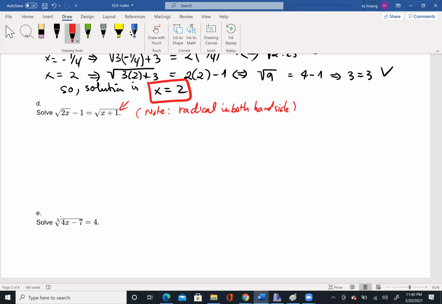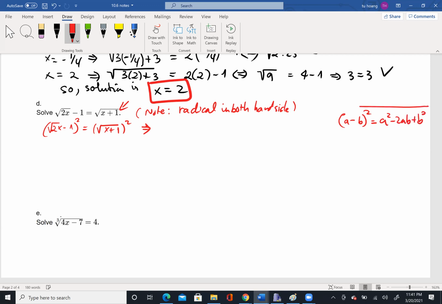Okay, so I'm going to square both hand sides, and I have x plus 1, I square it, and I have the square root of 2x minus 1, I square it. So now I can apply the formula: a minus b squared is equal to a squared minus 2ab plus b squared.